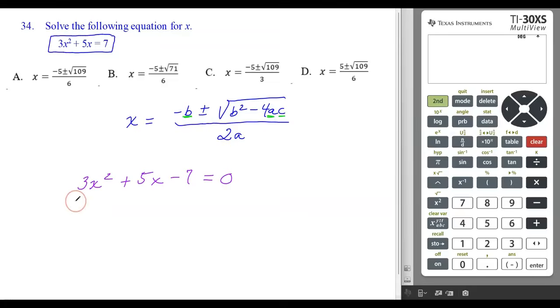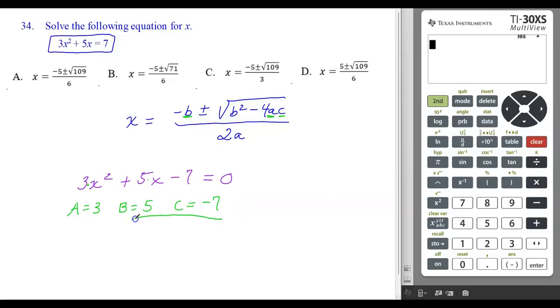So the a value is whatever the x squared is multiplied by when it's written in this form. The x squared is multiplied by 3, so my a is 3. The b value is whatever the x is multiplied by. The x is multiplied by 5, so my b value is 5. And then the c value is this number here that doesn't have a letter next to it, which is minus 7. Make sure you include that minus sign, so c is minus 7.